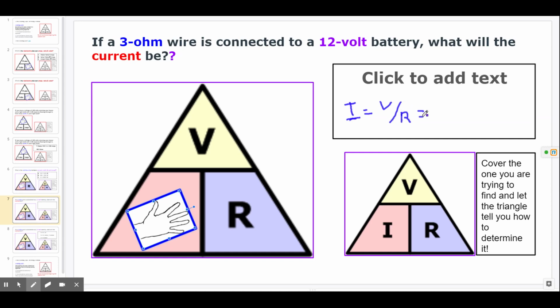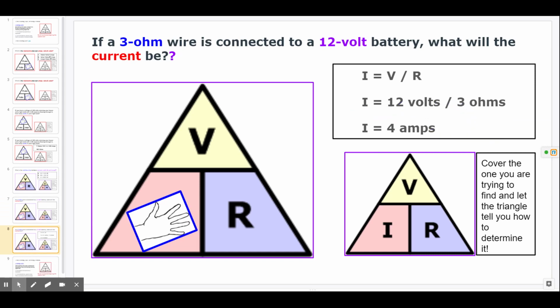So current equals 12 volts divided by 3 ohms. And 12 divided by 3 gives us 4, and the unit for current is amps. So if we have a 3 ohm wire connected to a 12 volt battery, our current is 4 amps.